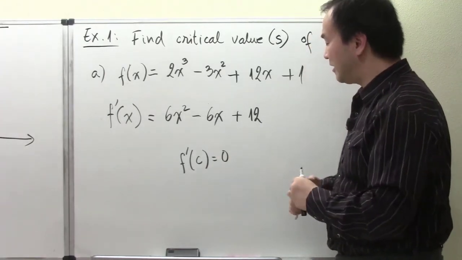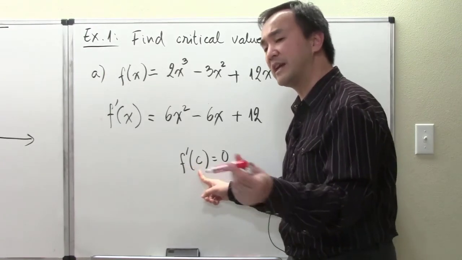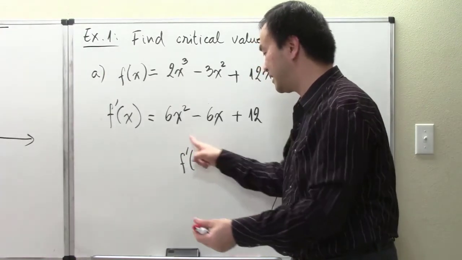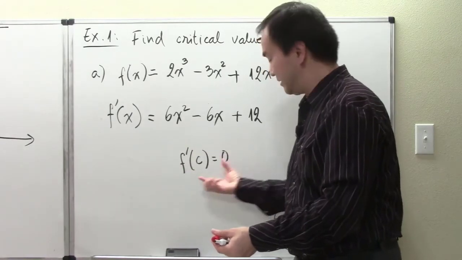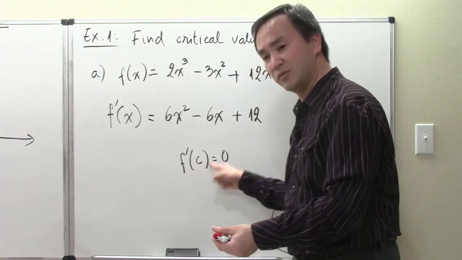So the only challenge left is to find all the values of c, the x values that give us 0 derivatives, satisfying f prime at c equals 0.